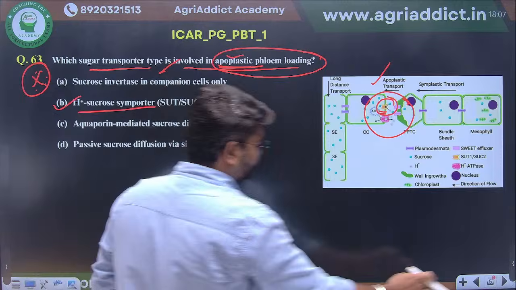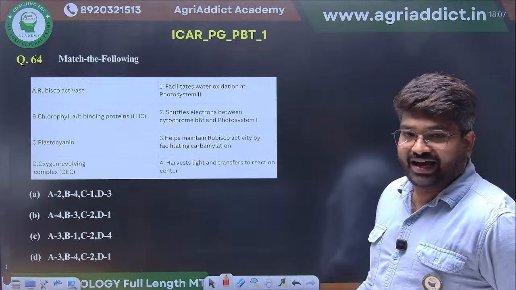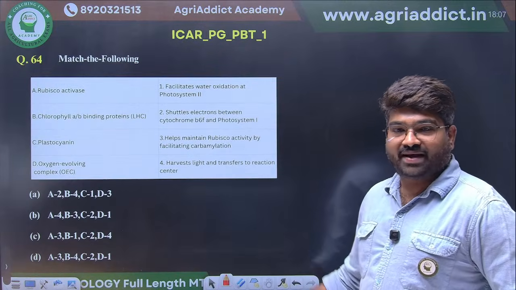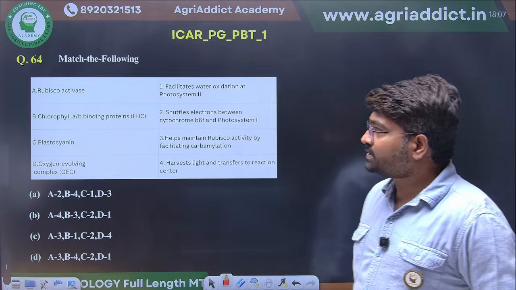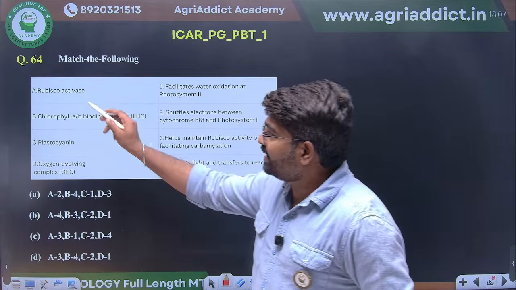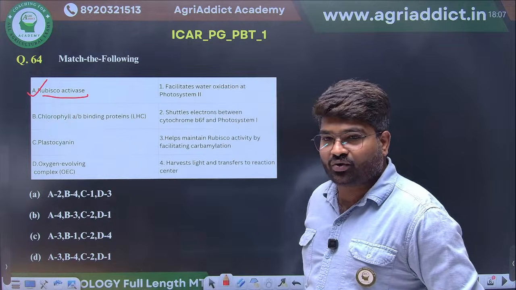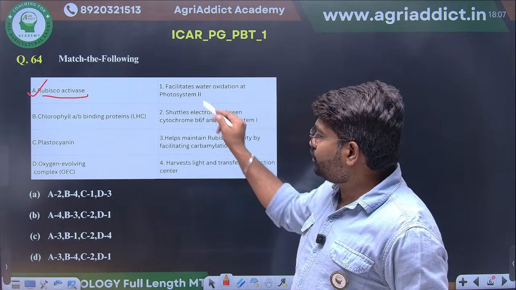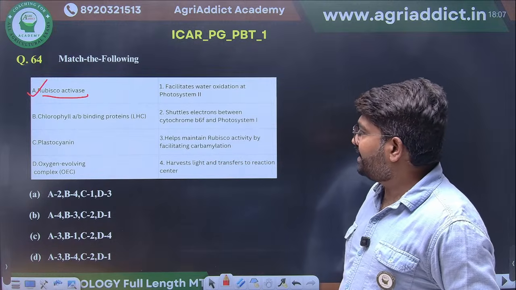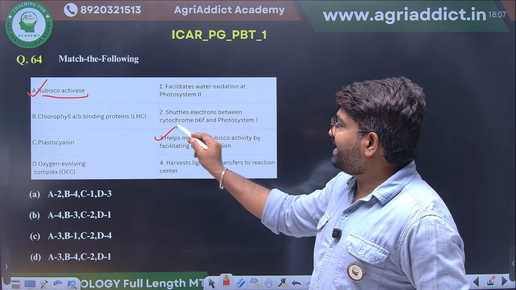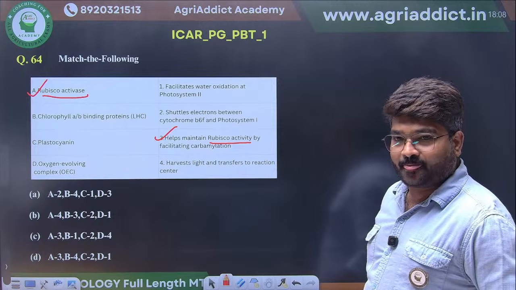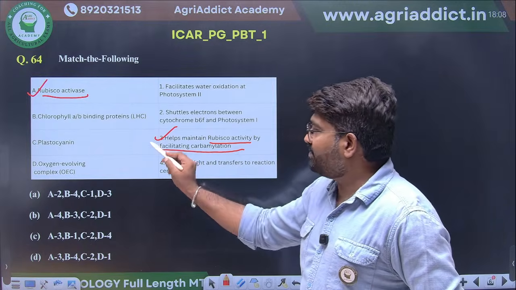Next question. Match the following, students. Match this one and tell me the answer. Read the question properly. First is Rubisco activase. What will it do? It helps in maintaining Rubisco activity by facilitating carbamylation.